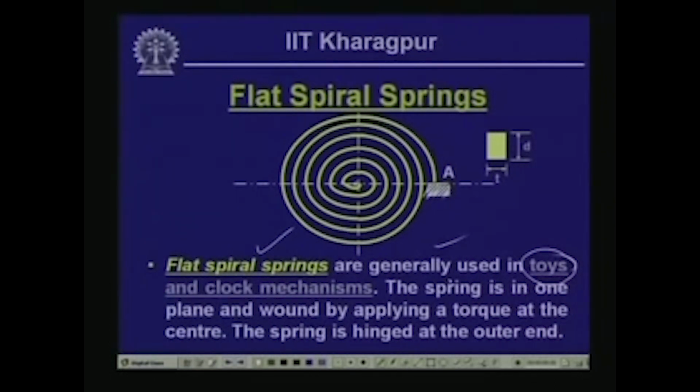The cross section of the spring material is rectangular, having a thickness T and depth D. One end of the spring is hinged and the center is applied with a torque, and these springs are used mostly in toys or in clock mechanisms.